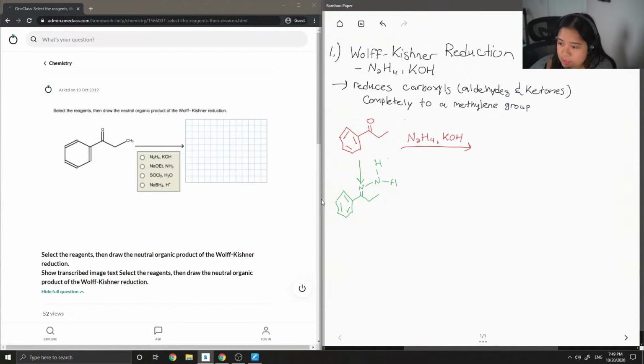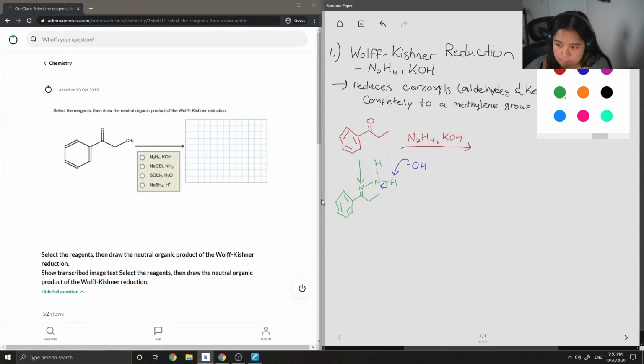And then from here, an OH minus comes in and deprotonates, bringing this down. And then we're just left with a negatively charged nitrogen.